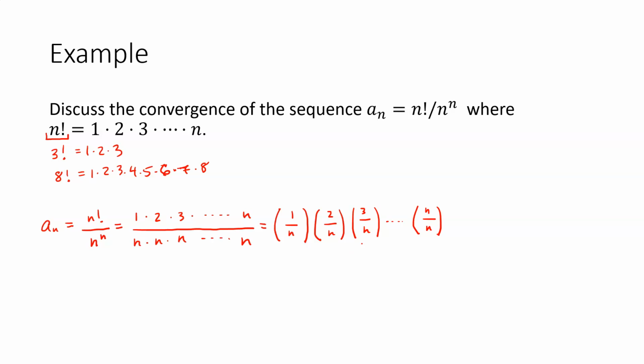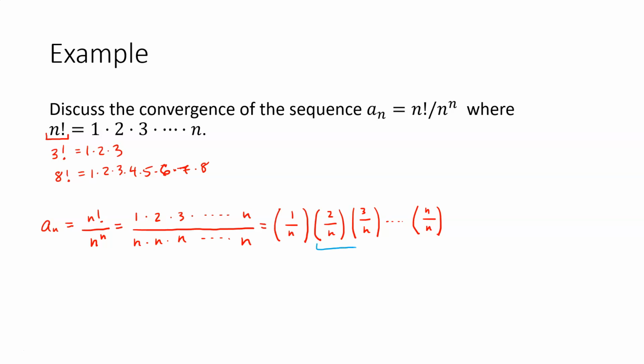And perhaps looking at it this way is nice, because what we see is that it's 1 over n times a bunch of values that are less than or equal to 1, and we know they're less than or equal to 1 because, right, n is the biggest value here. 2 over n has to be smaller than 1, 3 over n has to be smaller than 1, n over n is equal to 1, but all the values to the left of it are going to be less than or equal to 1.